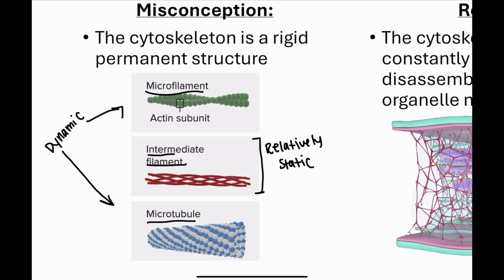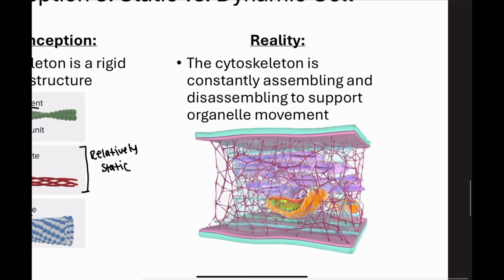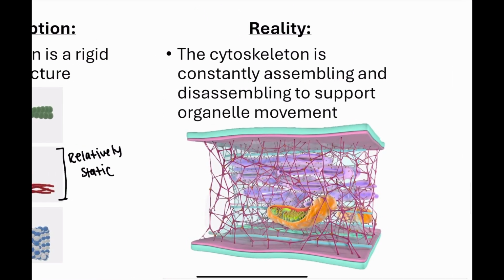Just less of it. But in reality, the cytoskeleton is extremely dynamic, right? It's going to assemble, disassemble, change its shape, and transport material, and it's going to do all of this in response to a variety of conditions.